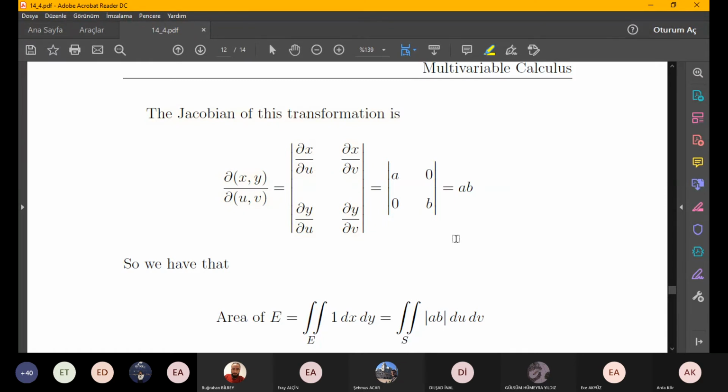So from that transformation, we have the Jacobian determinant as a times b.